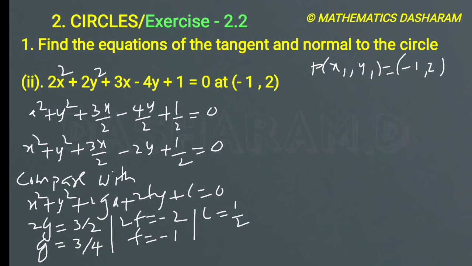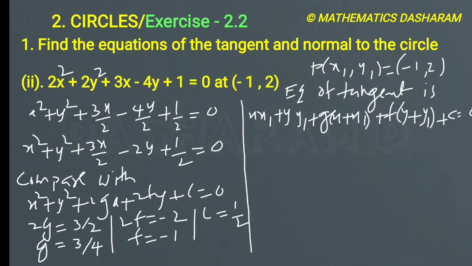Then the first answer is the equation of a tangent. So substitute the values in this. So x into x1, x1 is minus 1, plus y into y1 is 2. So the g value is 3 by 4 bracket of x plus x1, that is minus 1.